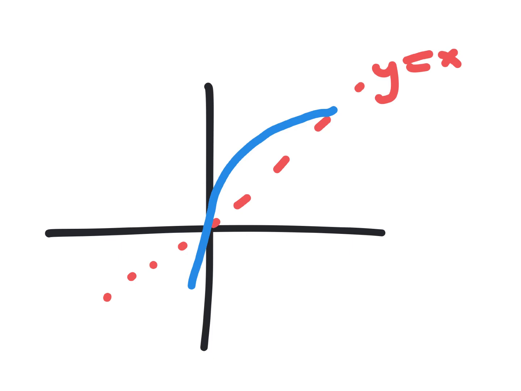Now, if it was a test, I'd encourage you to pick a few points on here. Like, I know 0, 0 is on there, but that doesn't really help because if you switch 0, 0 around, it's still 0, 0. But I would actually make up some points, and I go, well, that looks like, I don't know, 2, 4 right there. You know why that's helpful? Because then you can go and graph 4, 2.